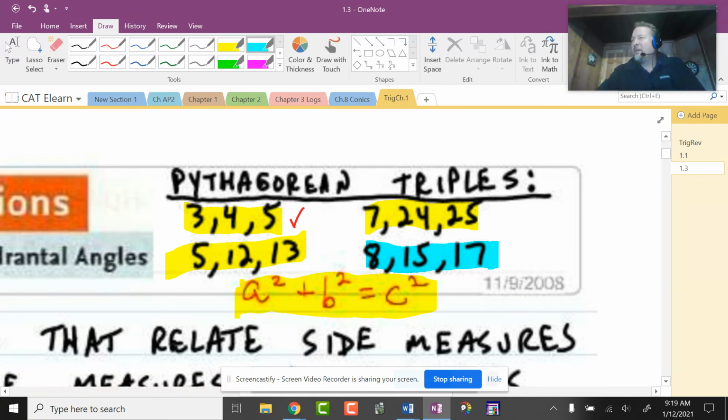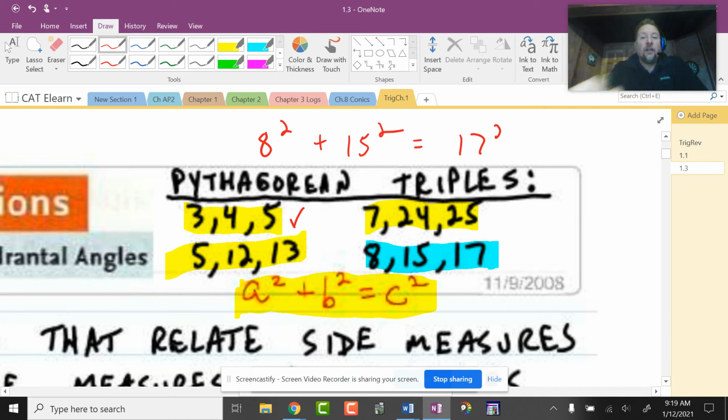I think maybe 9, 40, 41 is one. Yeah, I think it is. And it goes on forever. There's an infinite amount of Pythagorean triples that fit a right triangle. But knowing at least 3 out of these 4 could make your life a little bit faster. All right. So what we're saying is, sure, 8 squared plus 15 squared, if you check this out in your calculator, does equal what 17 squared is equal to.